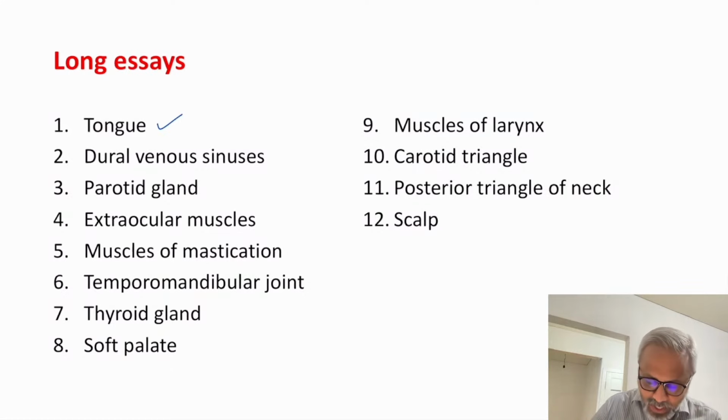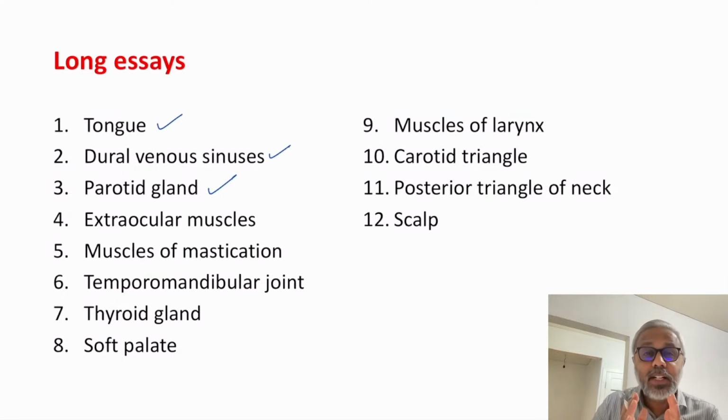Tongue. Then dural venous sinuses and the cavernous sinus in particular. Classify dural venous sinuses, describe cavernous sinus in detail. This is what the question will look like. Then the parotid gland is, I believe, asked almost in every alternate exam in every university that you see.